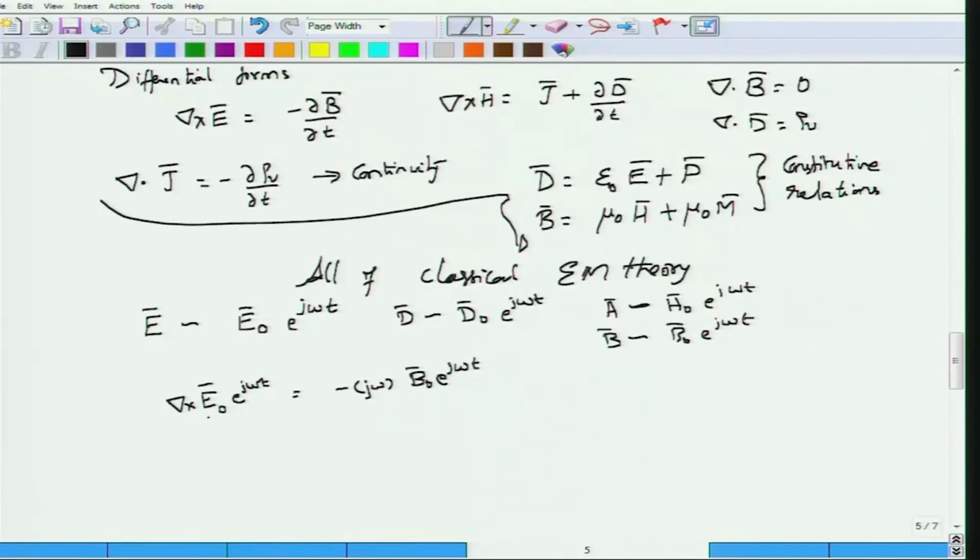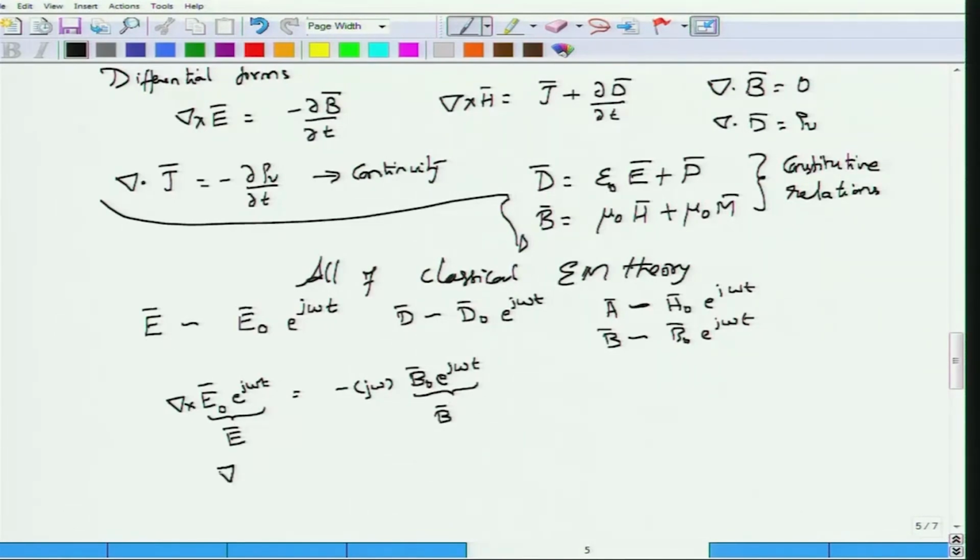So, you see here that this is E0 e power j omega t, nothing has happened because I have applied the curl to this one, that is, the presence of e power j omega t hasn't really done anything to this, and this E0 e power j omega t is nothing but the electric field itself, and B0 e power j omega t is nothing but the magnetic field B itself.